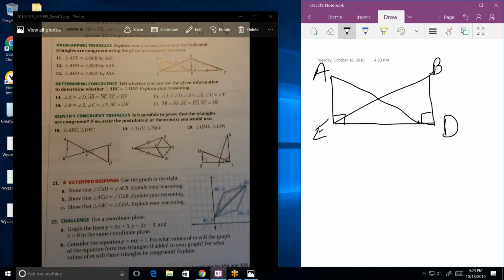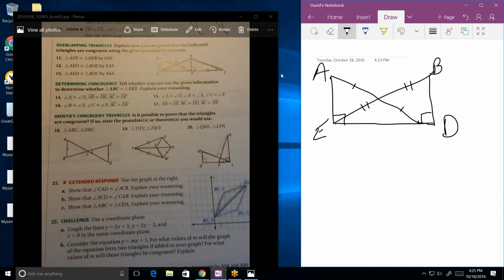Okay. Let's see. We need to prove these two are congruent. So AED and BDE. Now, let me get this right. EF is congruent to FB, is that correct? Yeah. And then AF is congruent to FD?